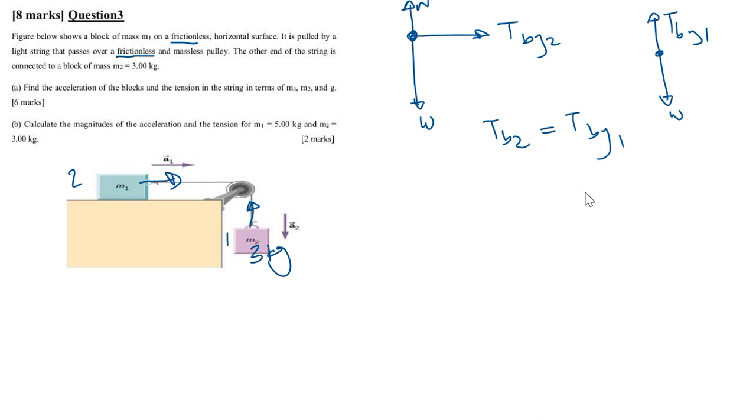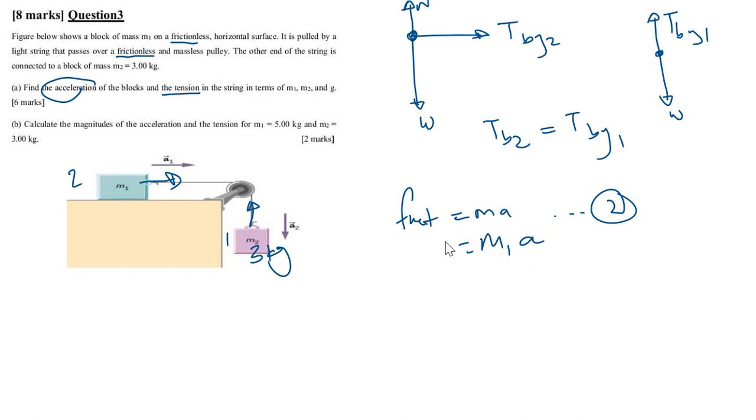Okay, what is the question exactly? First they want the accelerations of these blocks. From this one I can say F net equals ma for block 2. So what is the mass of block 2? It's m1. What is the acceleration? I don't know.